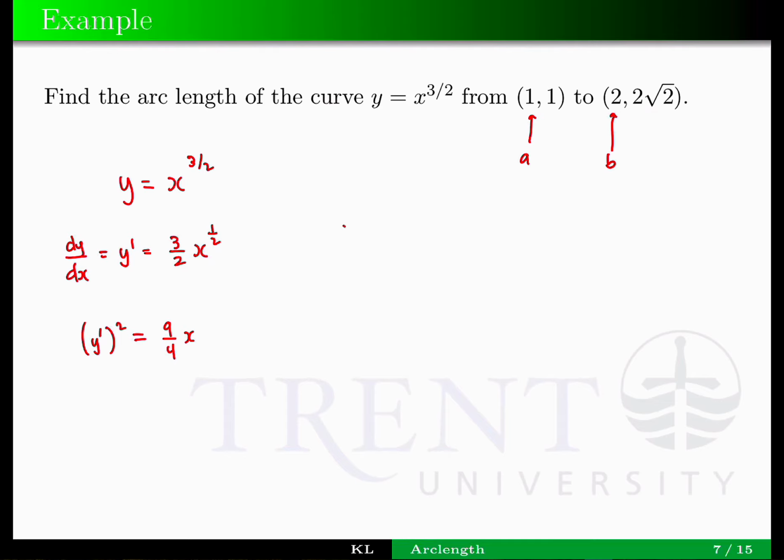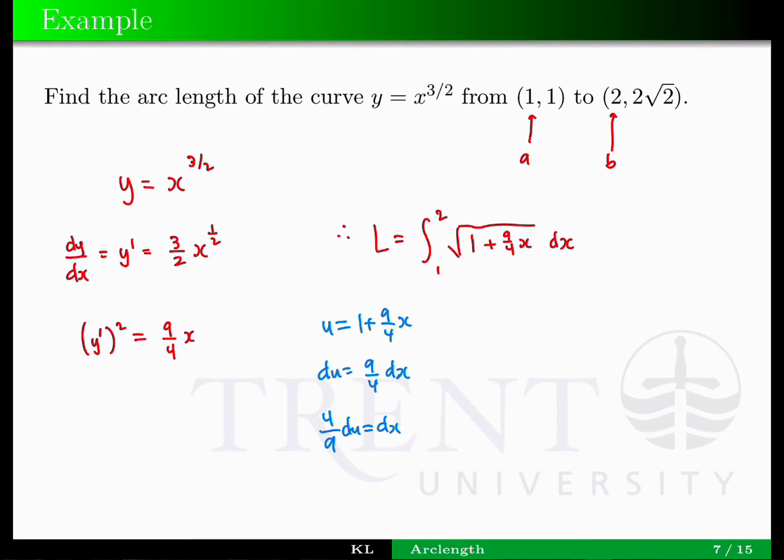So L will be the integral from 1 up to 2 of the square root of 1 plus 9 over 4 x dx. And then we can calculate this easily. Let's calculate this completely actually. Let u be equal to 1 plus 9 fourths x. Then du is 9 fourths dx, or 4 over 9 du is equal to dx.